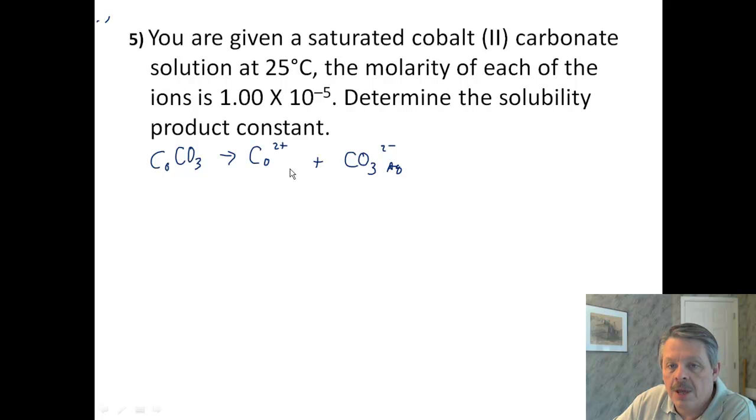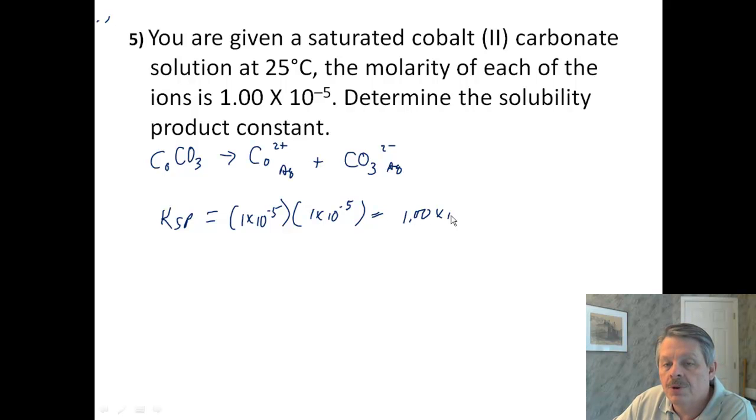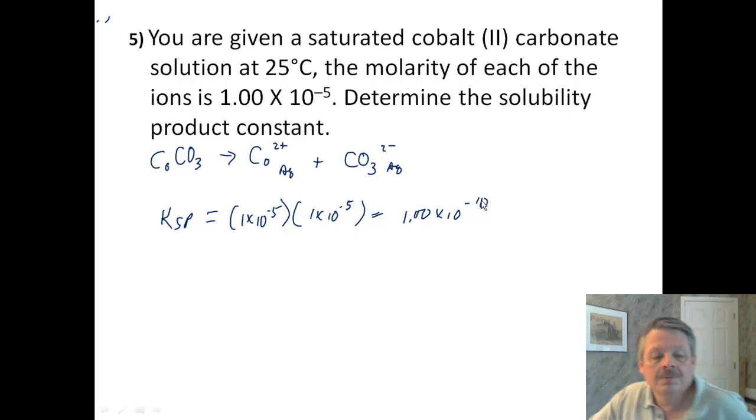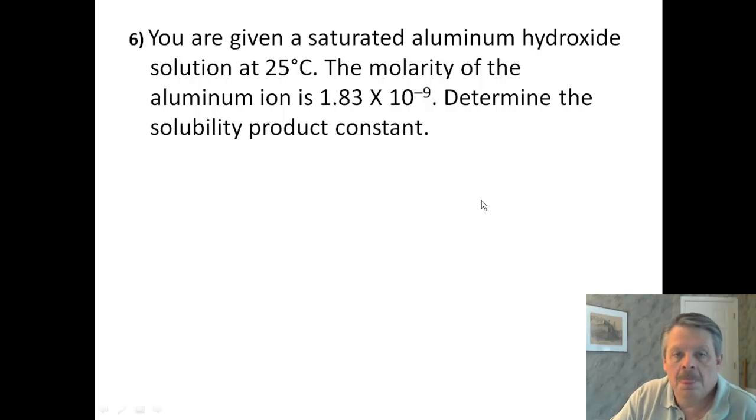They're both aqueous, so when I do my solubility, it's going to be the two of them times each other. So it's 1 times 10 to the minus 5th times 1 times 10 to the minus 5th. Nobody has to be squared or cubed or anything. So it's 1.00 times 10 to the minus 10th is my answer.